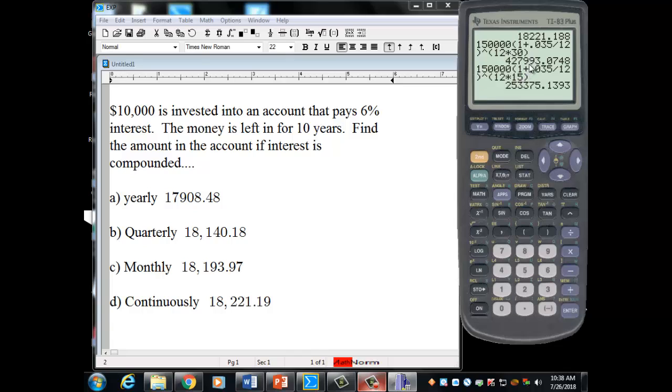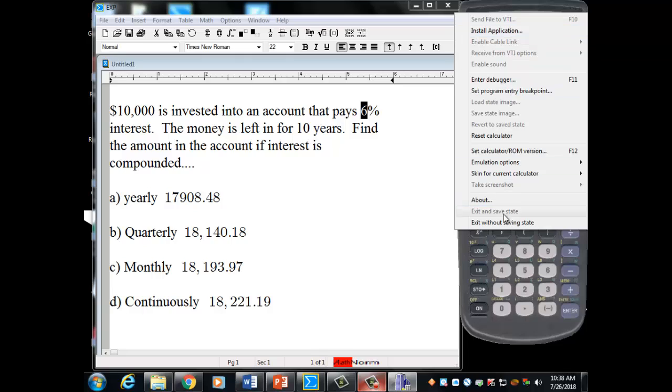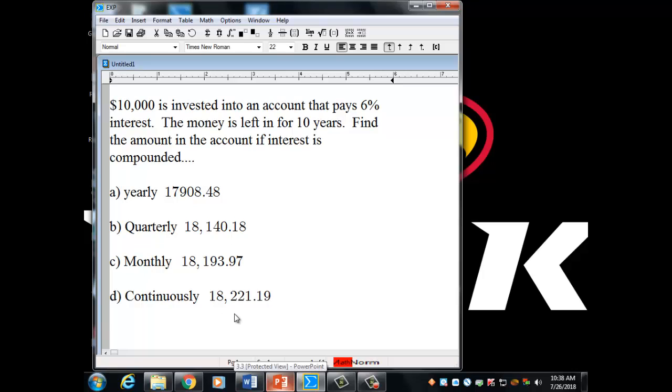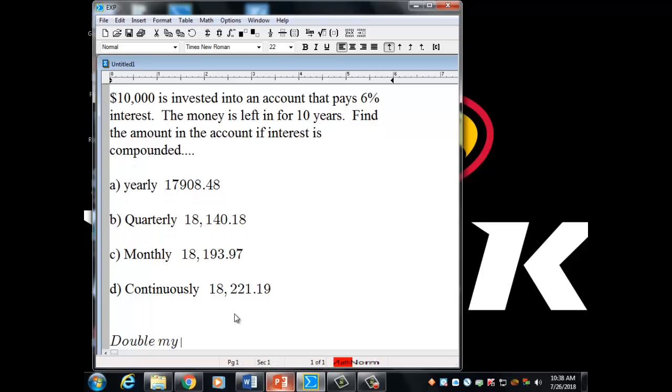One of the questions we would ask now is, if I'm going to compound this $10,000 at 6%, how long will it take to double it? What would the time be if I wanted to double my investment? How long do I have to leave it in there?